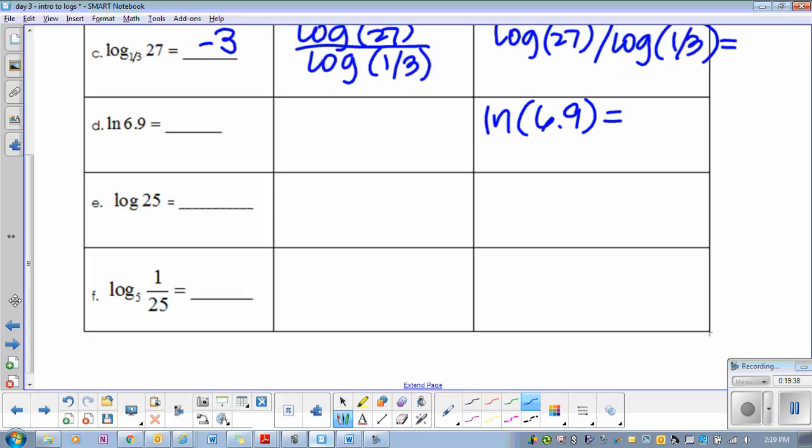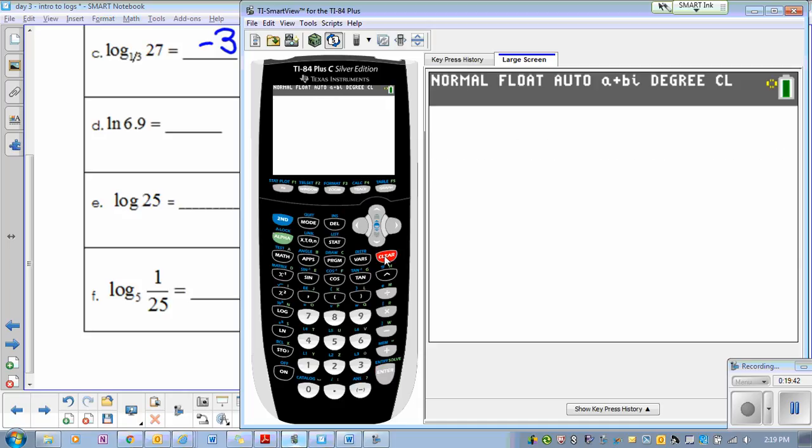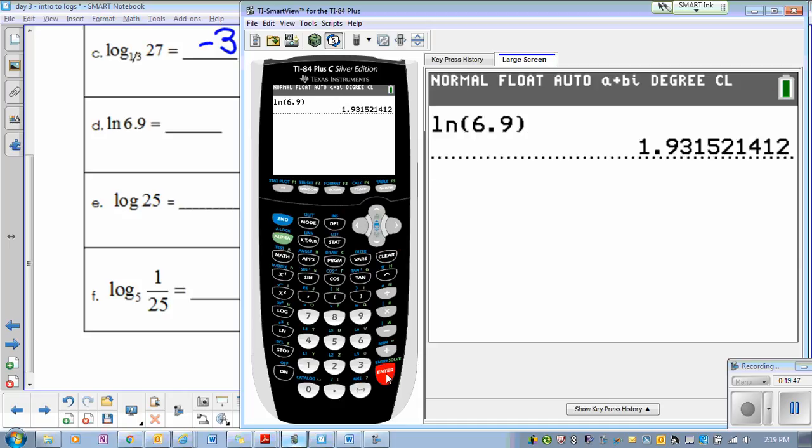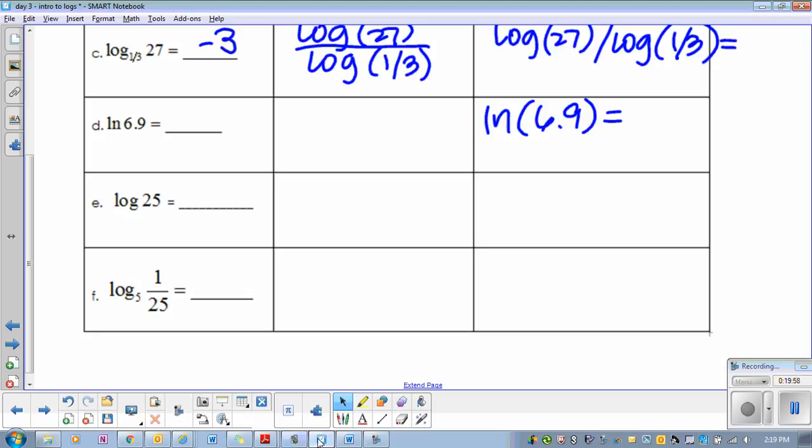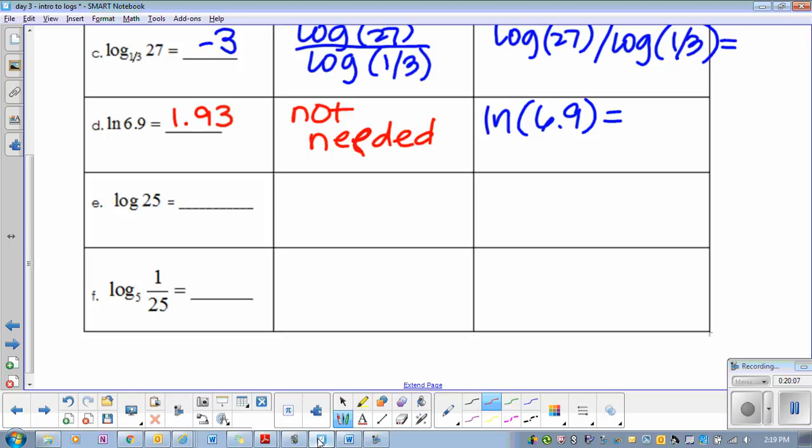Okay, let's round it to 2 decimal places. 1.931. After the 3 is a 1. So do I move the 3 up or leave it? Leave it. So it's 1.93. So for change of base, we'll just say it's not needed.